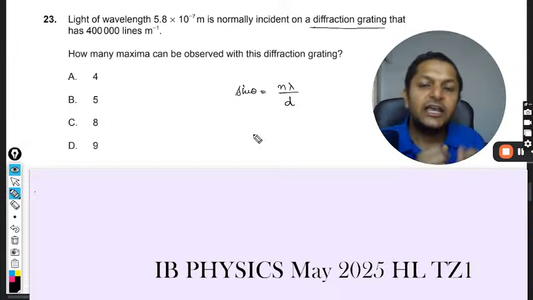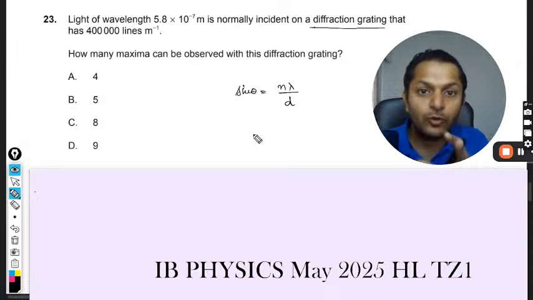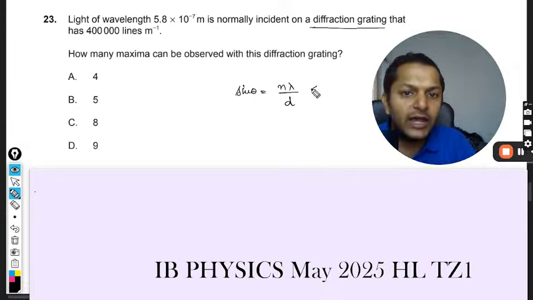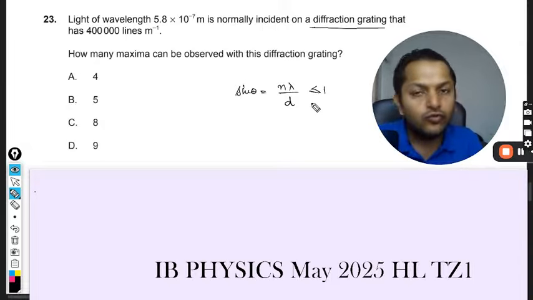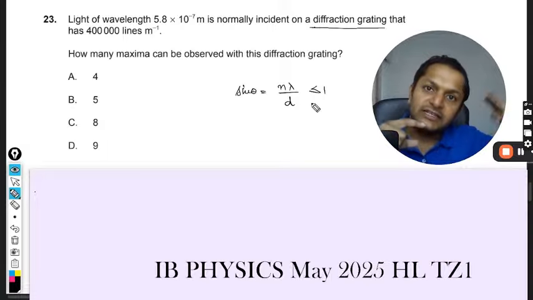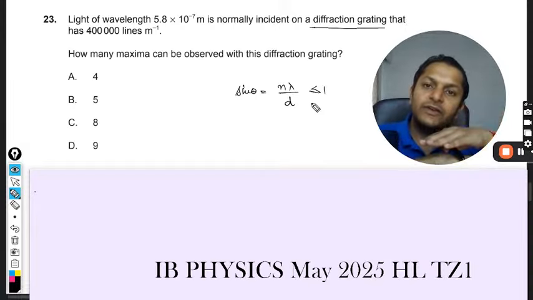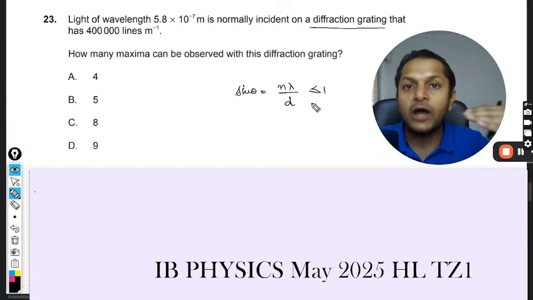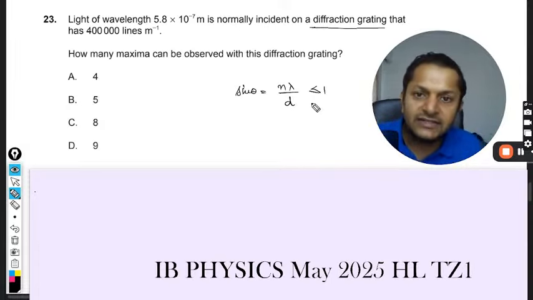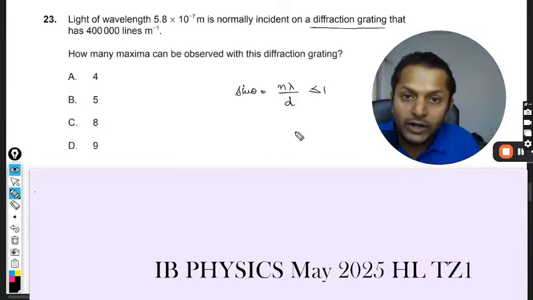It is d, similar to the interference formula. This is what we are going to use in this question. Now, sine theta has to be less than or equal to 1, always, that we know from a mathematical point of view, because sine theta always has values ranging between 1 and -1. You know it in maths, isn't it? So sine theta is less than or equal to 1.